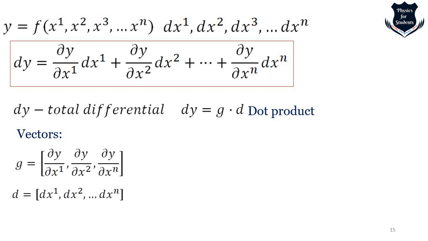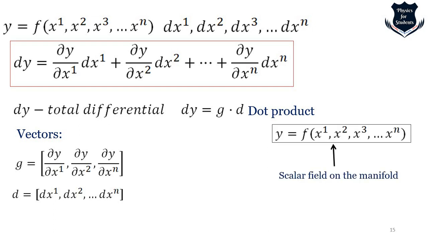Now regarding the variables x1, x2 up to xn, if you take this one, then this defines a scalar field on the manifold. You can just ignore manifold if you think it is confusing. It is a scalar field, and these variables are basically the coordinates on the manifold. Why am I saying manifold? Because we are dealing with general relativity, which primarily deals with manifolds.